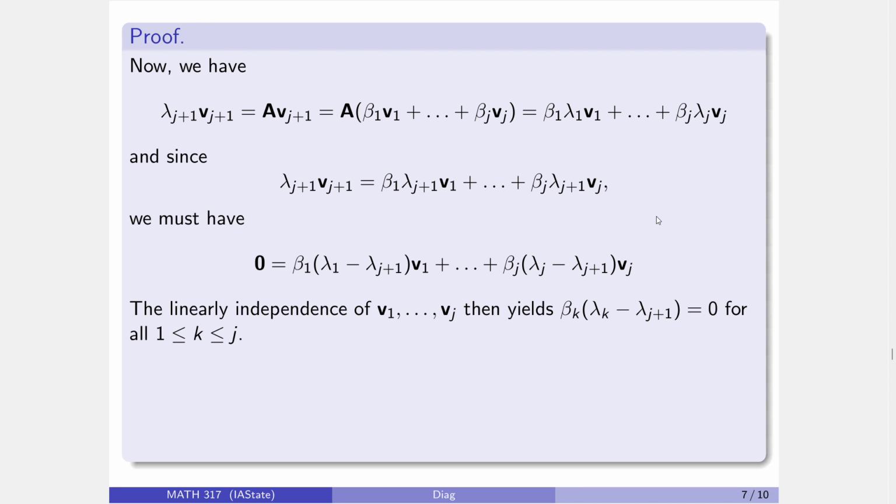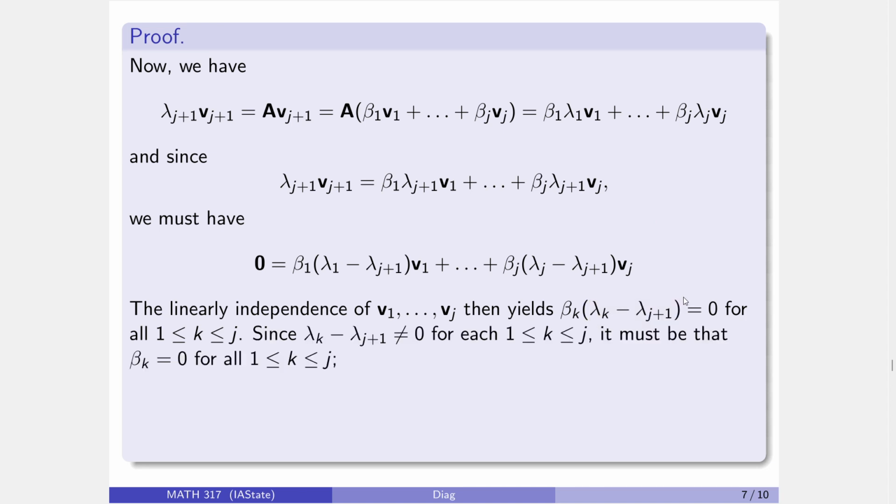But what else did we assume about the eigenvalues? Remember, our hypotheses were that we had a matrix, we had distinct eigenvalues, and we had non-zero associated eigenvectors. I haven't used the fact that the lambdas are different, but we know they have to be different. K here is running from 1 to j. So lambda k minus lambda sub j plus 1 must always be non-zero.